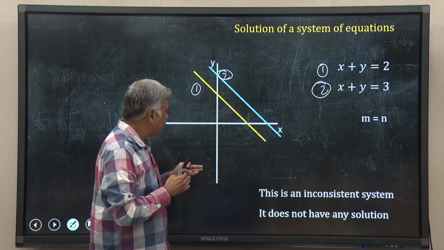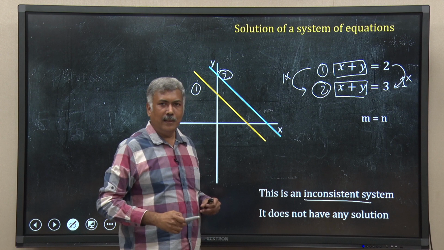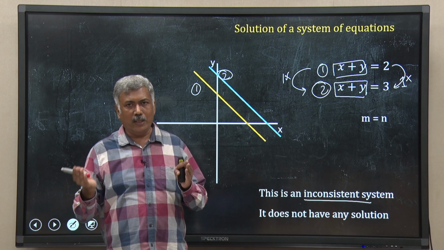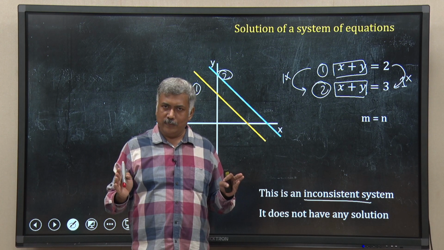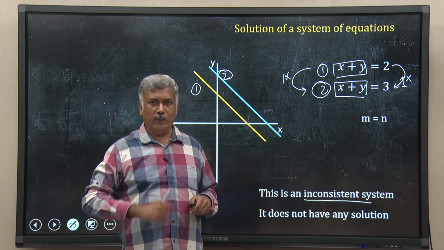In fact, this system of equations is called an inconsistent system, because if you notice, the first equation can be multiplied by 1 to get the same left hand side, but on the right hand side, if I multiply by 1, I do not get the same thing. That means there is an inconsistency between the left hand side and the right hand side of these two equations, right. That is why it is called an inconsistent system and it does not have any solution. That means all linear systems of equations will not have a solution. We have just started to explore those.